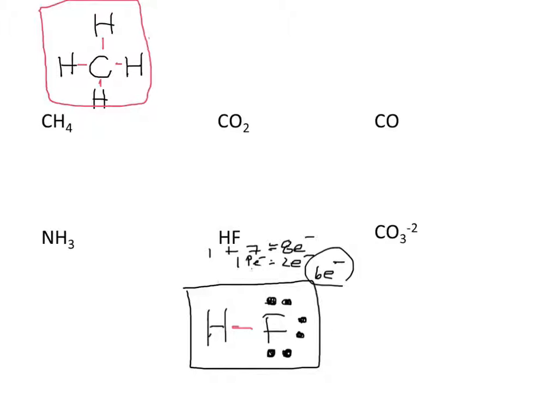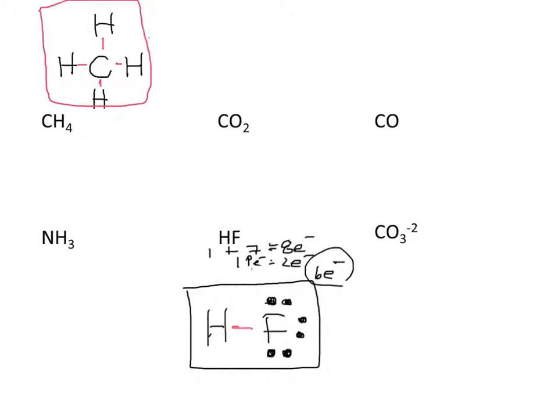So that octet is satisfied. And if we just look at one of the hydrogens, since they're all the same, there's 1 bond between that and the carbon, and there's no unbonded pairs. So there's 2 electrons there, and 2 electrons satisfies the duet, and so this structure is accurate.